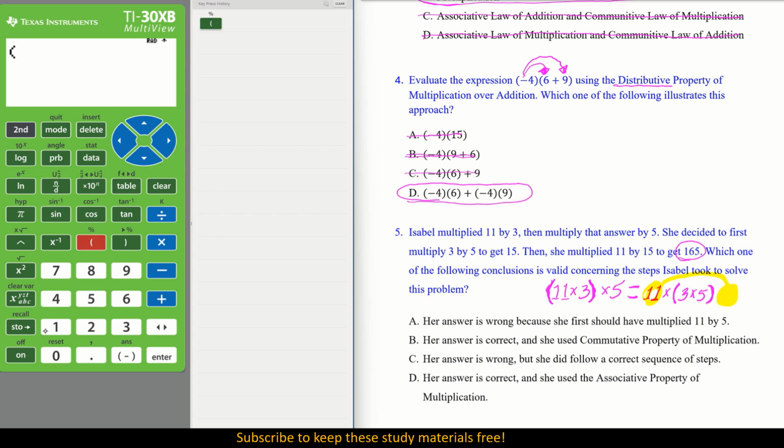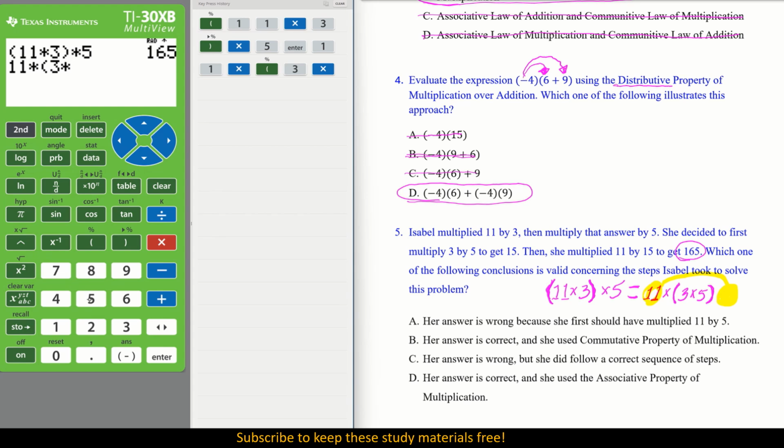So we have parentheses, and that's 11 times 3, close your parentheses, then times your 5. Push enter, 165, okay? But now let's do it differently. 11 times, and then your parentheses, and then 3 times the 5, close your parentheses, push enter, 165. Therefore, the answer is correct. So Isabel did her work correctly. So the two options A and C are marked out.